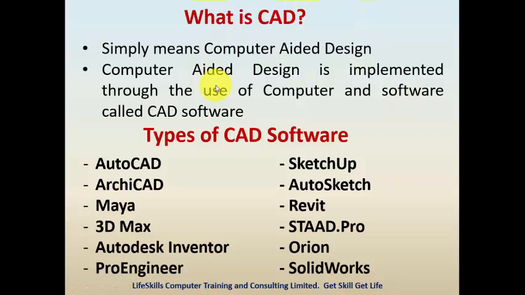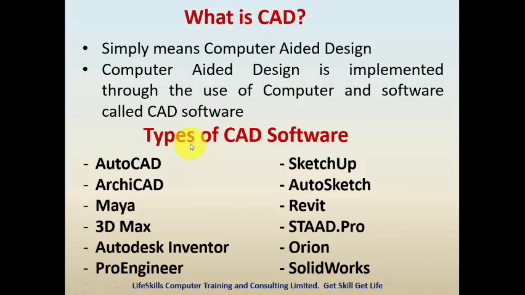You have to show the graphic model or the graphical representation of whatever idea or design you have in mind. So computer-aided design is implemented through the use of computer and software, which we refer to as CAD software. So if you are doing computer-aided design or you are making your drawing using CAD, you need a software, then you need a computer.